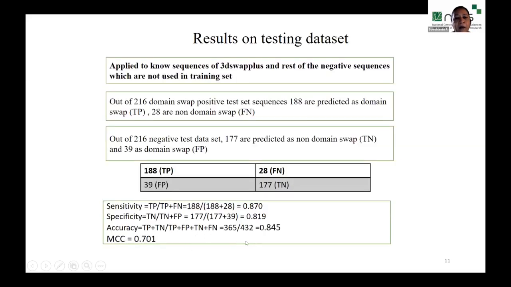But the good news is that the accuracy is not too bad. It is again 84%. And since we were getting good results, not only in the training data set, but also in the test data set, we went on to apply this to the whole genome.